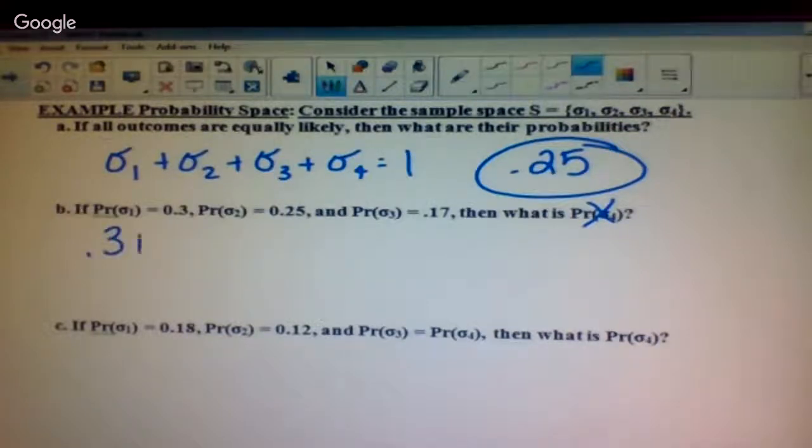So, 0.3 plus 0.25 for event 2 plus 0.17 for event 3 plus X should equal 1. This does the same thing that we did where Andy said add them all together and subtract from 1. It's just in equation form. So, we're going to add all these together.